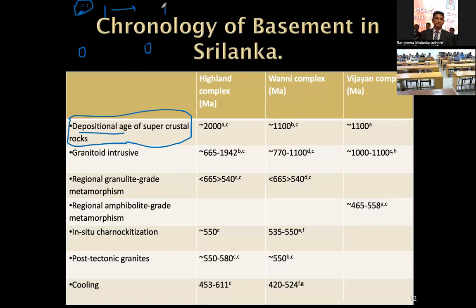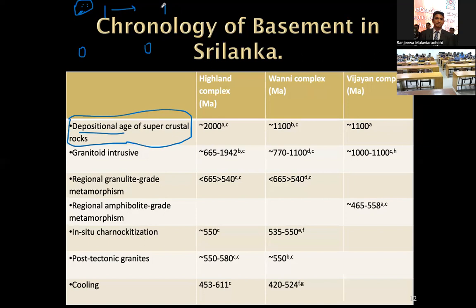Because if you have a detrital grain with a very young age, like say 1,000 million years, and from there onwards you don't have detrital grains but you have metamorphic grains, then you can say that the deposition may have stopped by 1,000 Ma, at least close to 1,000 Ma.